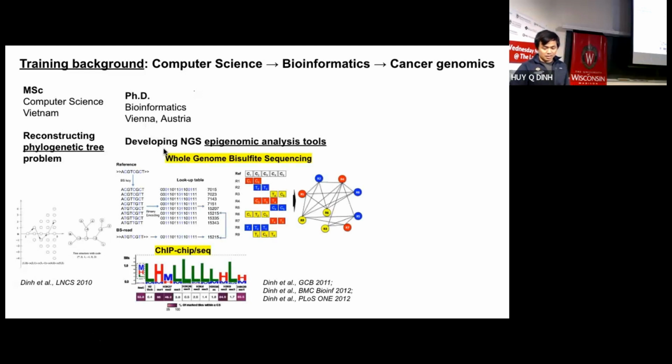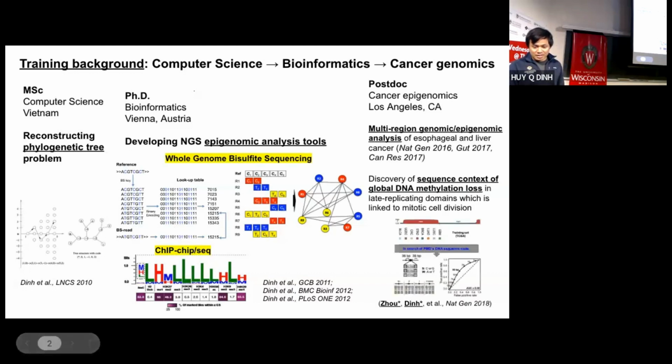So I developed methods in whole genome bisulfite sequencing, which were used to profile genome-wide DNA methylation that some of you may be familiar with. And ChIP-chip and ChIP-seq. No one uses ChIP-chip anymore, but at the time I used it, and the method also worked for ChIP-seq as well.